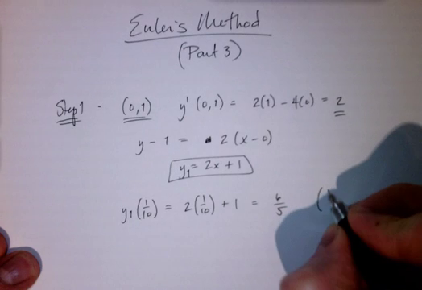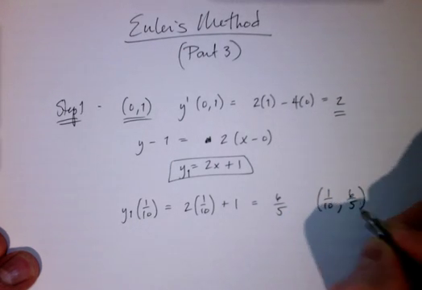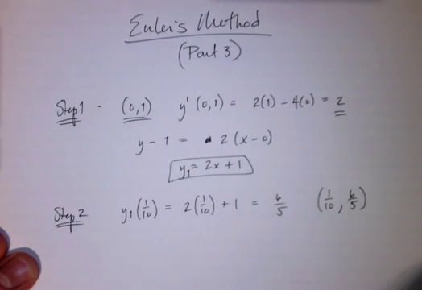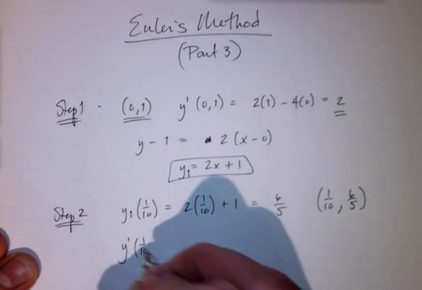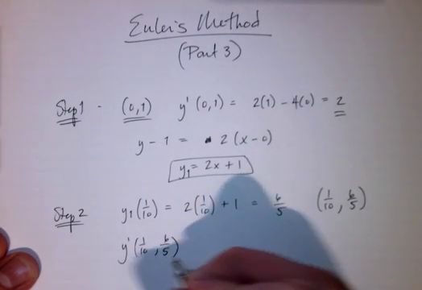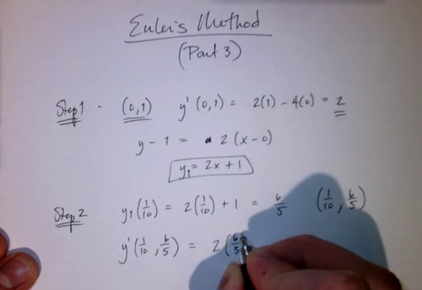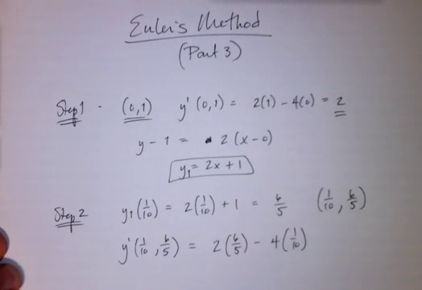So I know that my ordered pair is (1/10, 6/5). Notice that I have already started on step 2. I have my ordered pair. Now I need y prime of (1/10, 6/5). That's going to be 2y minus 4x.